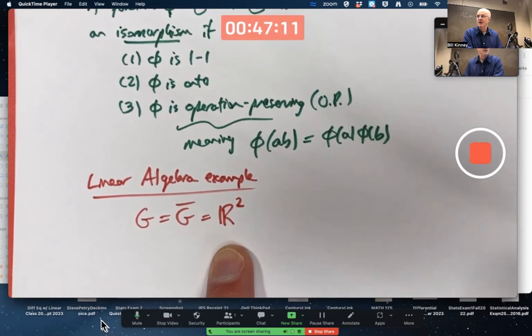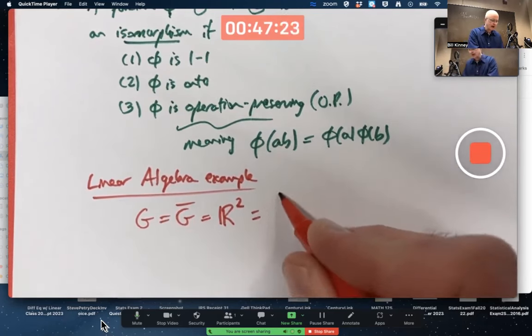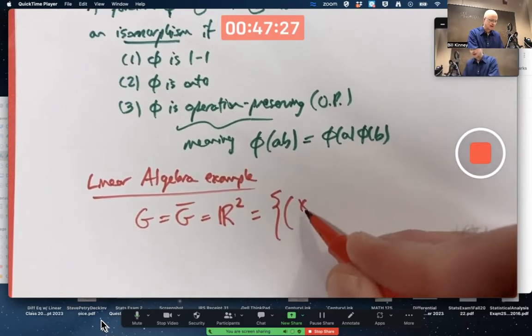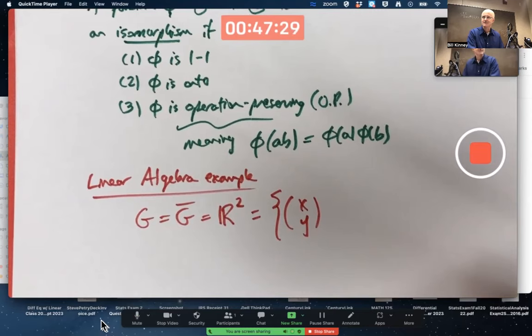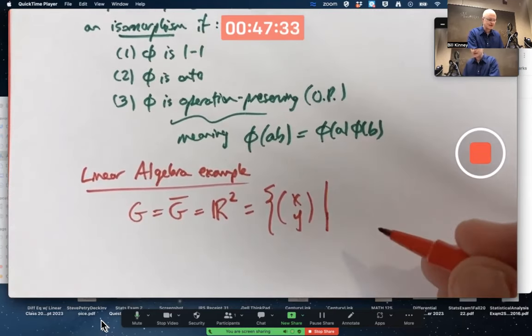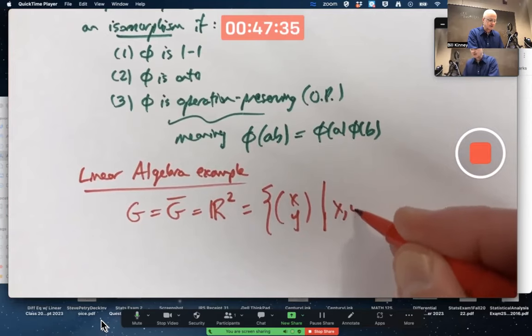Although in linear algebra, you don't typically think of the elements of this as being points in the plane, but instead vectors in the plane, which you typically write as column vectors, like this. Column vectors with components or coordinates x and y that are real numbers.